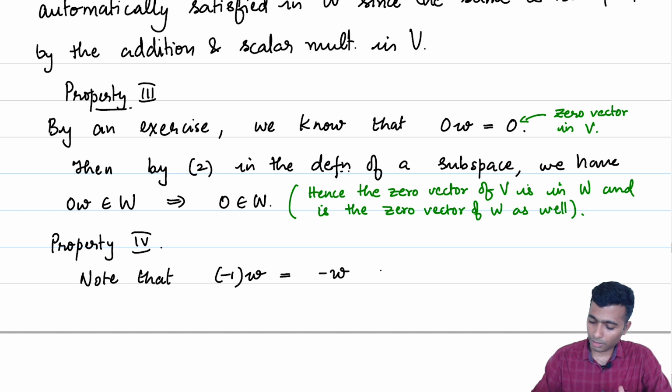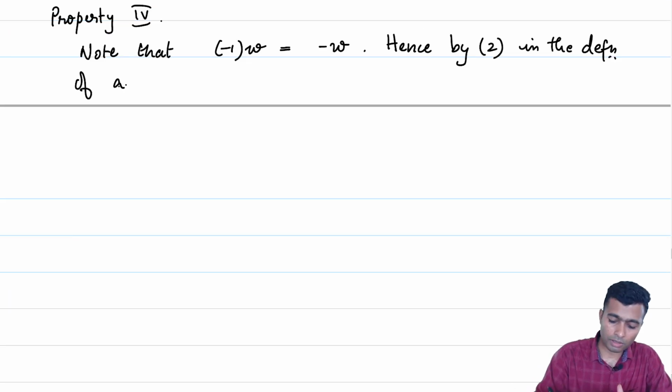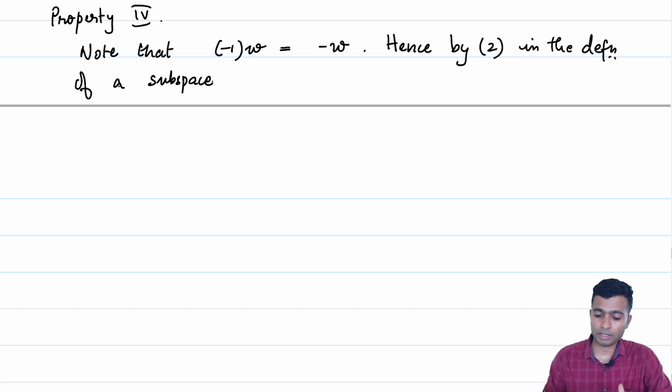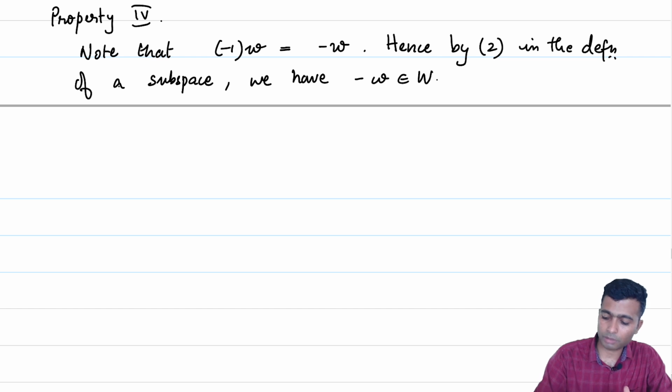So, this implies that, again by property 2 in the definition of a subspace, which says that W is closed under scalar multiplication, we have minus of w is an element of capital W.